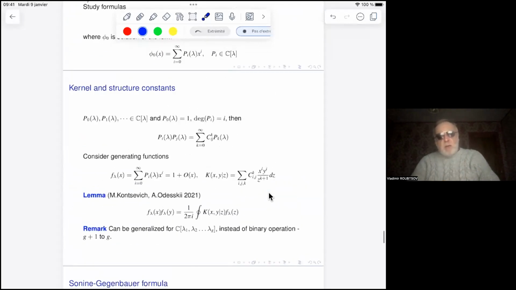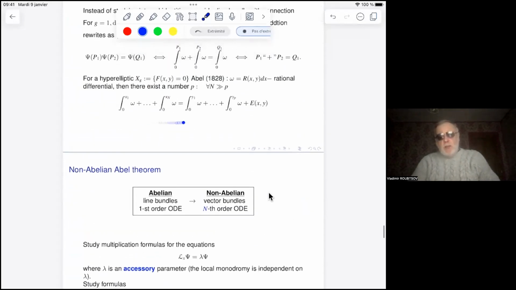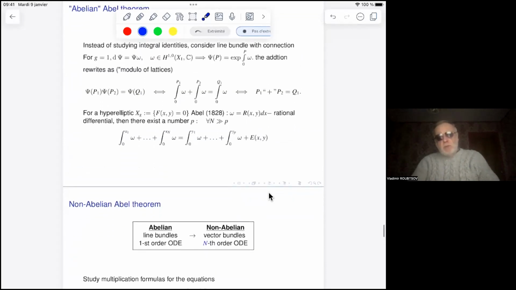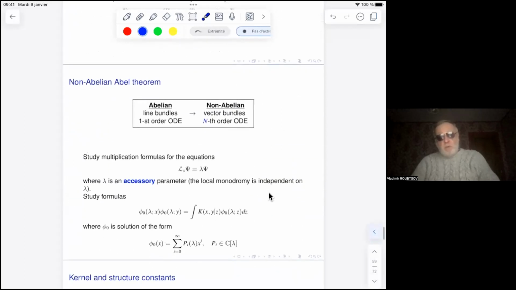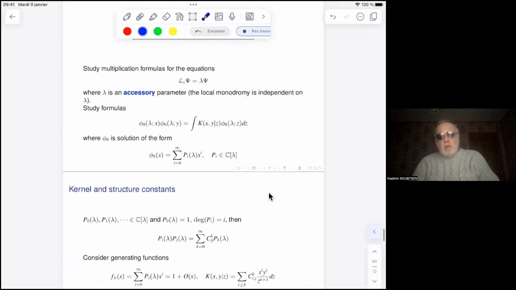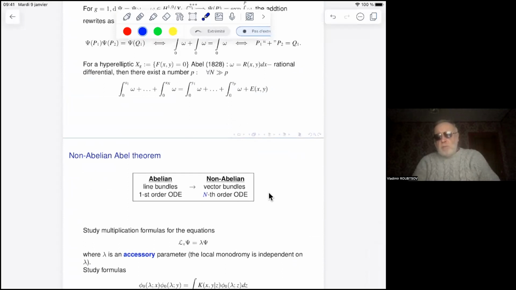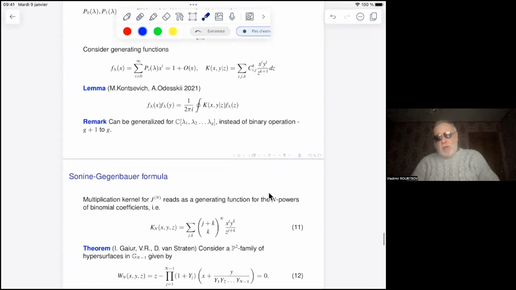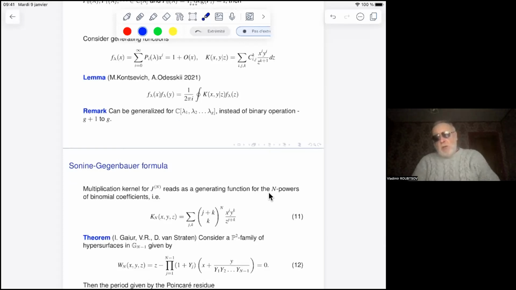So we can take, like we did here, instead of a sum of integrals, the product, and we can take the products of psi at different points and take it as an integral of kernels, so we can integrate it with a kernel which depends on all parameters, including y, ..., yp, and then it will be a kind of Odesky-Kontsevich formula, but the kernel will depend on many variables.